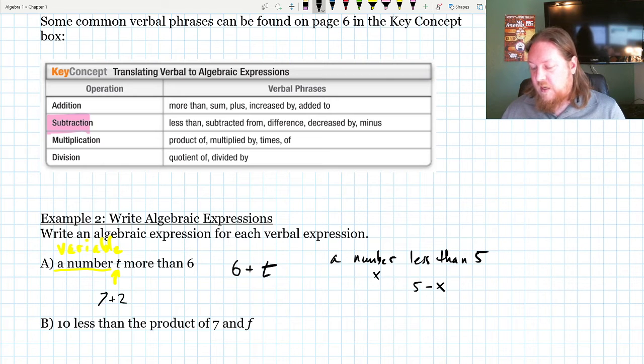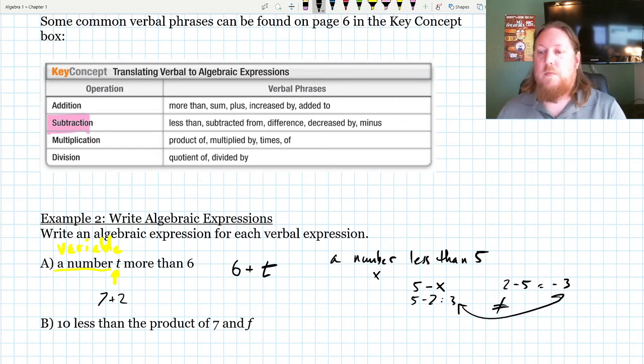Because 5 minus x, let's say x is 2, 5 minus 2 is 3. If I hadn't written that expression correctly, I would have had 2 minus 5, which would be negative 3. And 3 and negative 3 are definitely not equal to each other. So when you're doing these, really make sure you're paying attention when it's one of the subtraction ones. Division is also another one where the order really matters, but subtraction is usually the trickiest wording one.